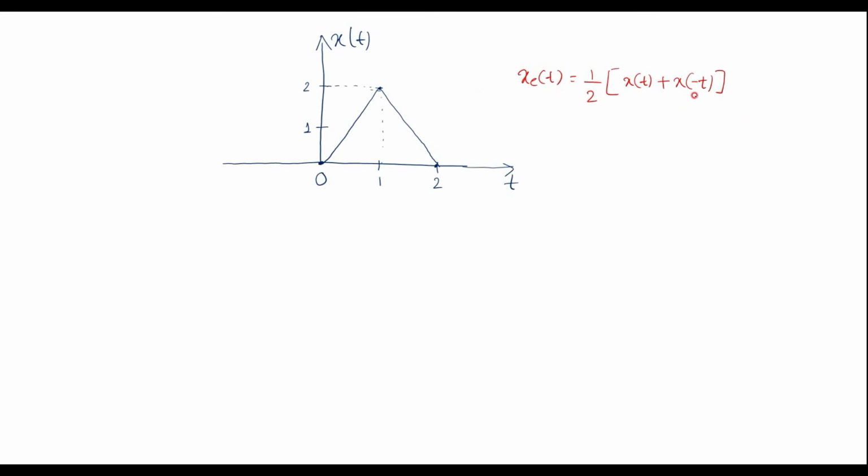X of minus t is the reflected version of x of t, which is obtained by replacing each t by minus t. That is, this point will appear on the left side and this point will appear on the left side. So the same signal will appear on the left side and it looks like a mirror image of x of t. I'll draw x of minus t here.